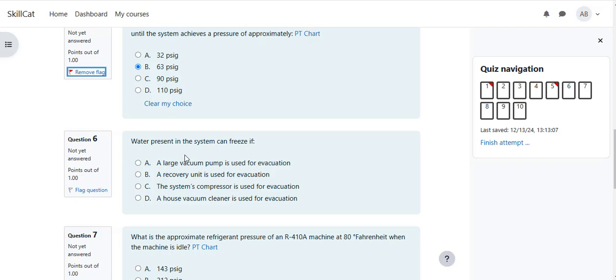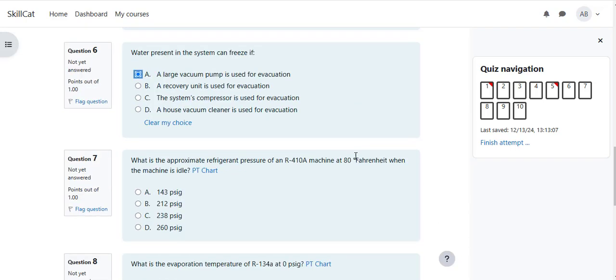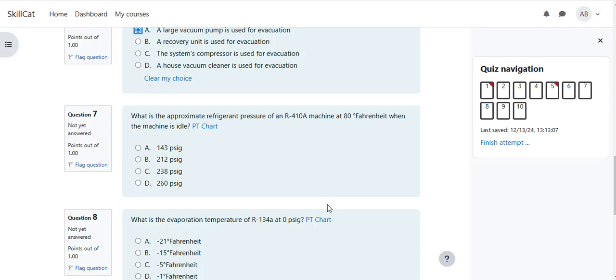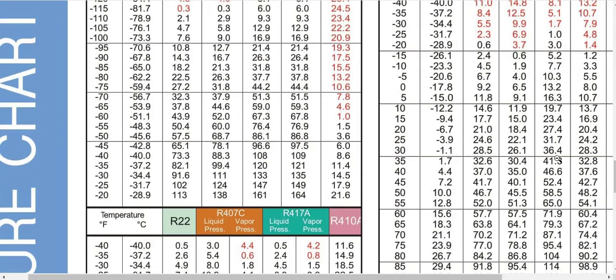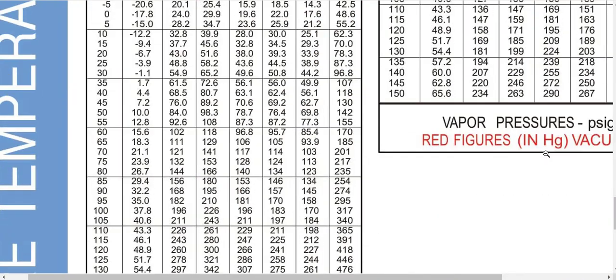Water present in the system can freeze if a large vacuum pump is used. What is the approximate refrigerant pressure of an R410 machine at 80 Fahrenheit when the machine is idle? 410 at 80.